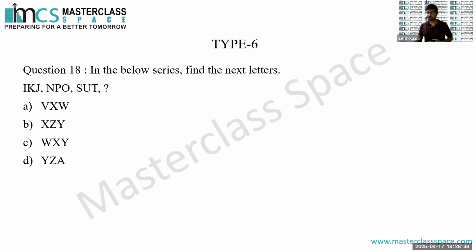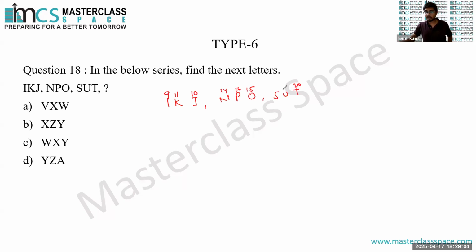Yeah, what about this one? So how quickly you have to number? So J is HOT. So J is 10. K, JK, 11, IJ. So I is 9. This is how quickly you have to number. Right. So NPO. O is 15. P is 16. N is 14. SUT.